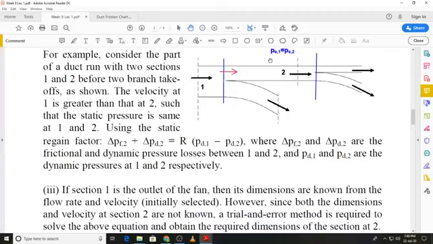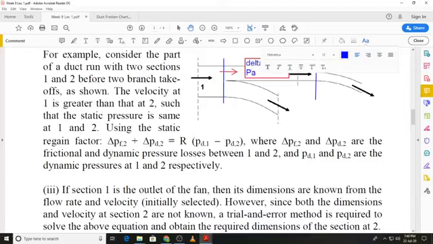section 2. So if there is a pressure drop over here, call it delta P, and that is equal to 9 pascals. So what will happen as a result of this?